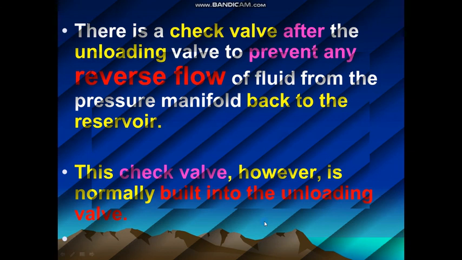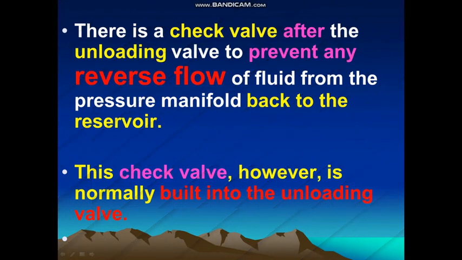There is a check valve after the unloading valve to prevent any flow of fluid from the pressure manifold back to the reservoir. This check valve, however, is normally built into the unloading valve.